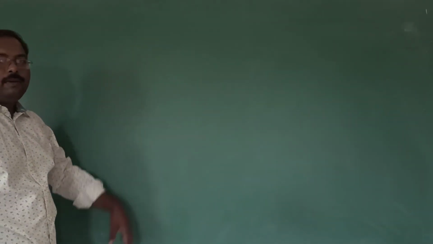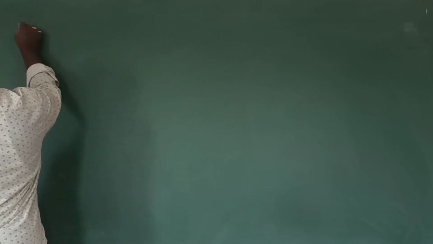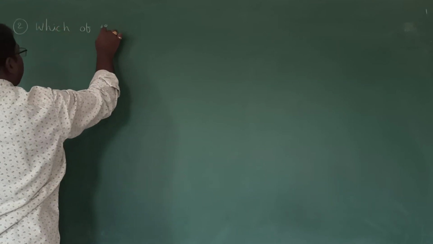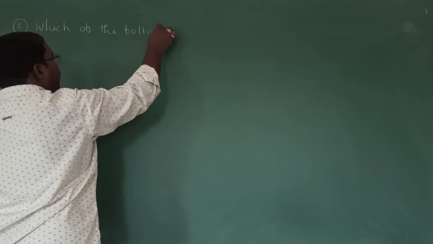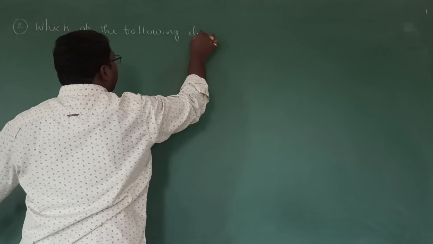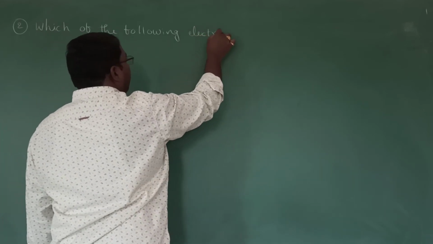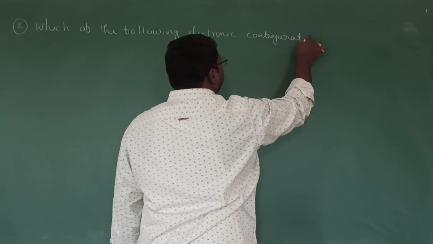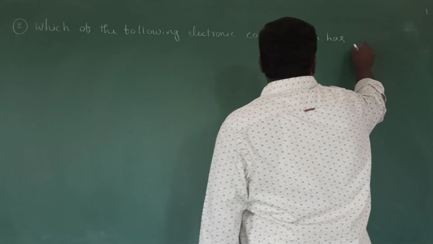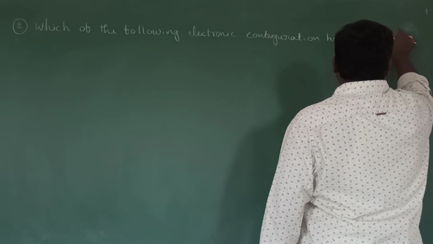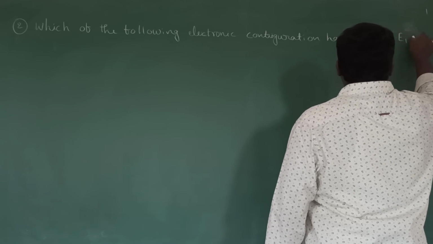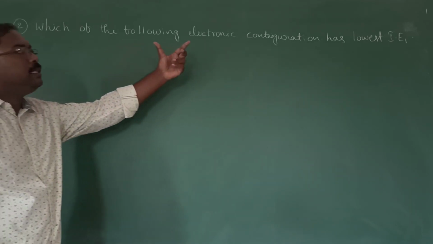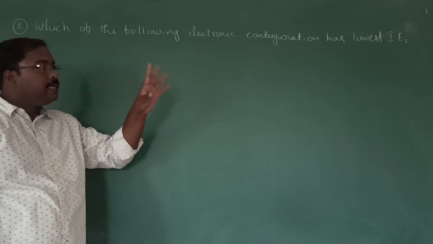Okay. Now let us solve another question. Which of the following electronic configurations has the lowest first ionization energy value?